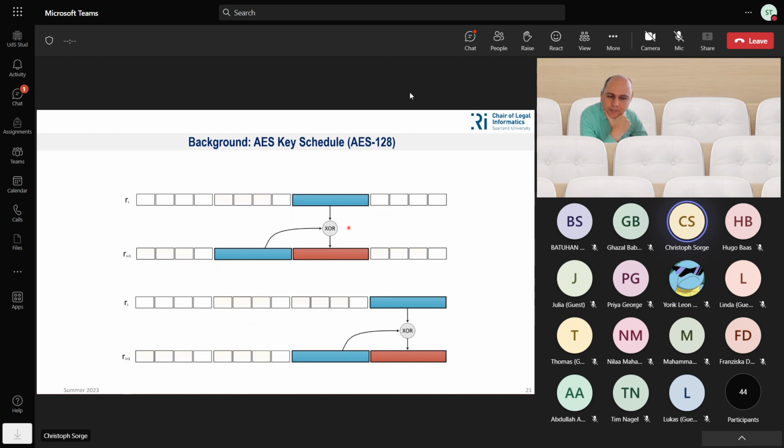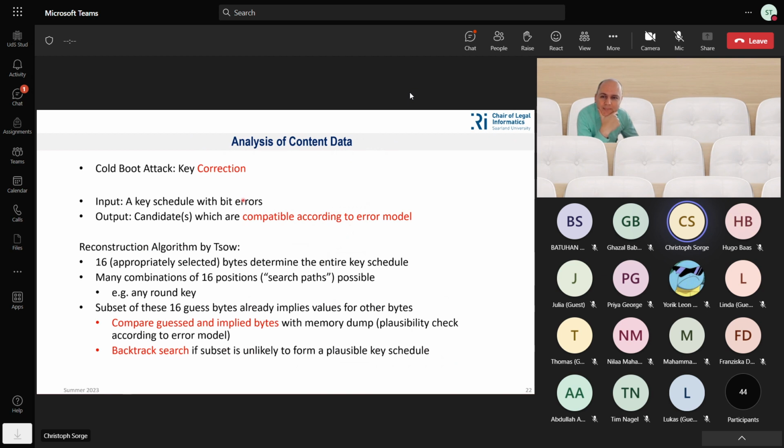And yeah, that's the way that the key schedule is derived. You don't need to know that in detail, but the interesting thing is that we have a deterministic derivation of the key schedule. So if we have part of the key schedule, that allows us to derive the remainder of the key schedule. Even if we have some bit errors, that structure will help us to correct these errors.